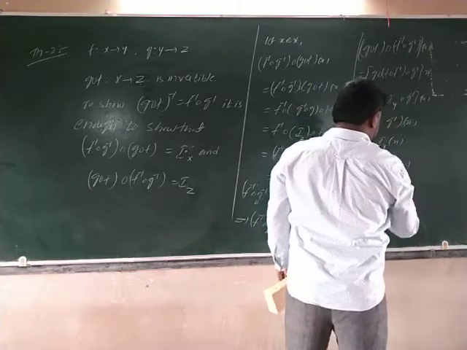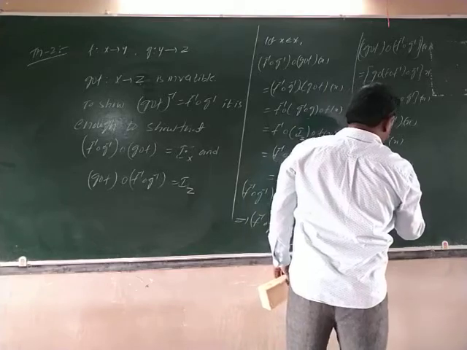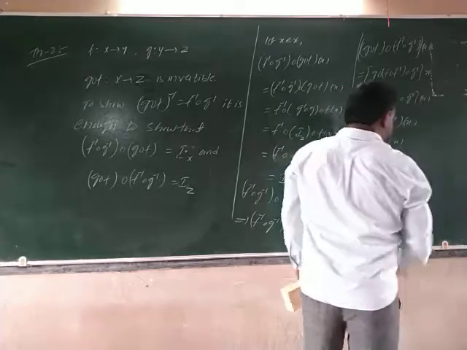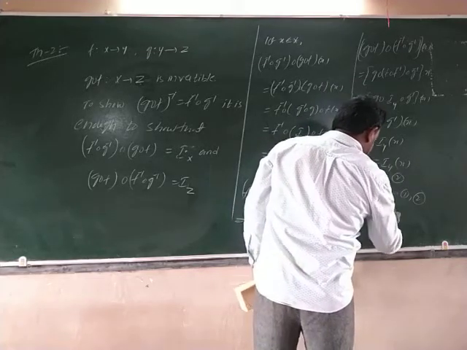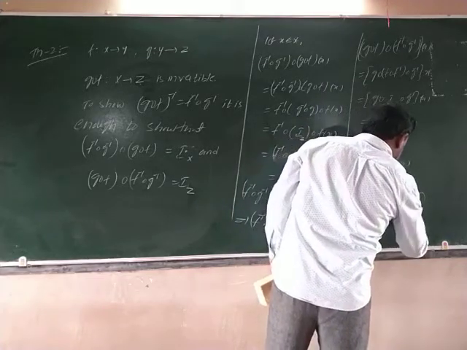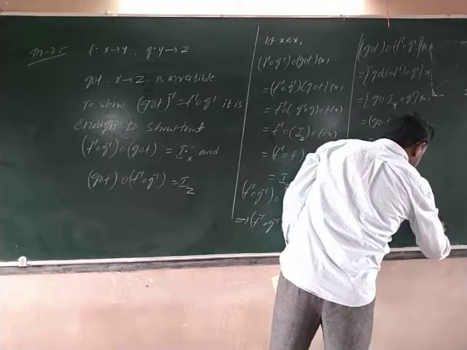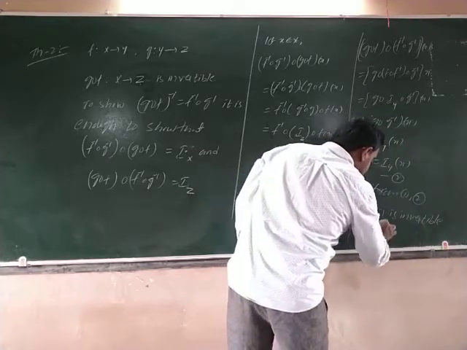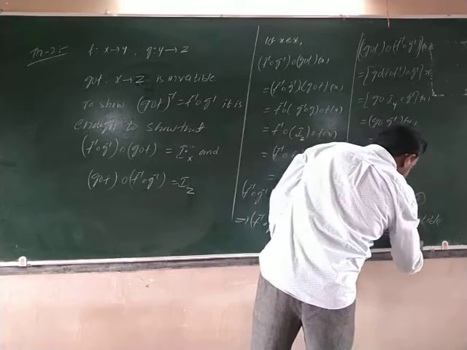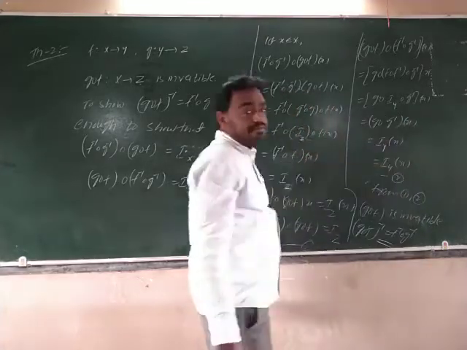You take this as equation 2. From 1 and 2, G circle F is invertible, and (G circle F) whole inverse is equal to F inverse circle G inverse. This is the answer.